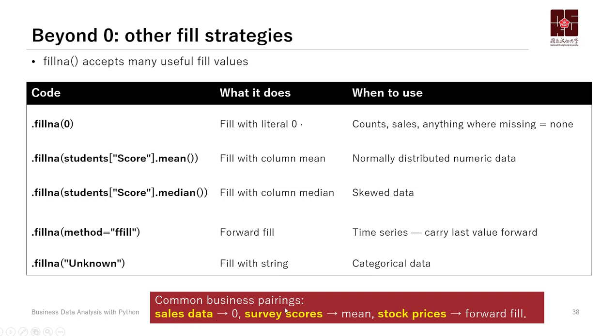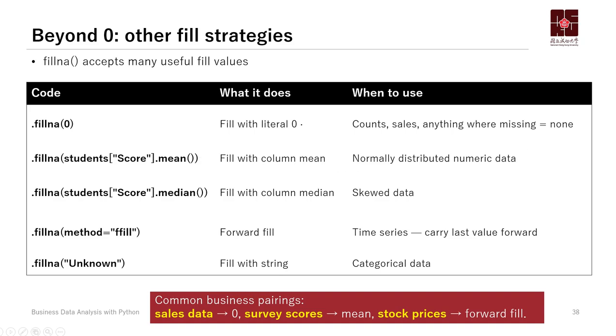If this is sales data, we need to be honest, so that will be 0. If this is a survey score, we can fill with the mean. If all the data is 0, maybe our model will not fit our expectation, so we try to use the mean. And stock prices will use forward fill. Maybe in this year you don't have the data, we can use your previous data to fill it. So this is just our common business pairing.